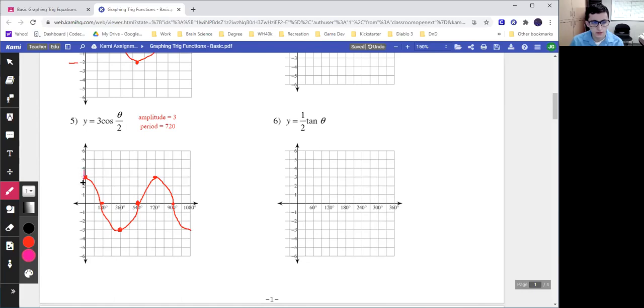So our cycle is from here to here, and then it just keeps repeating that over and over. Okay, we're going to skip this tangent.